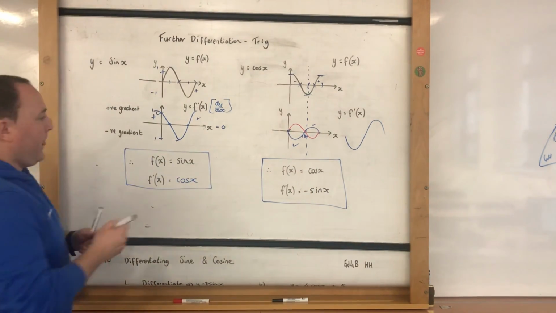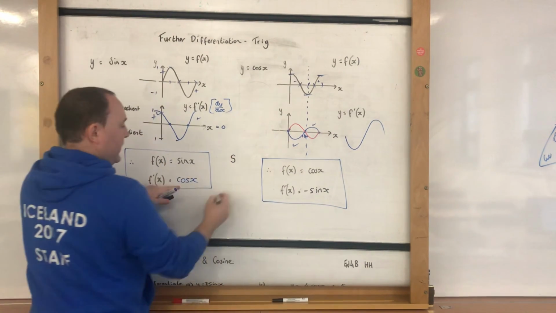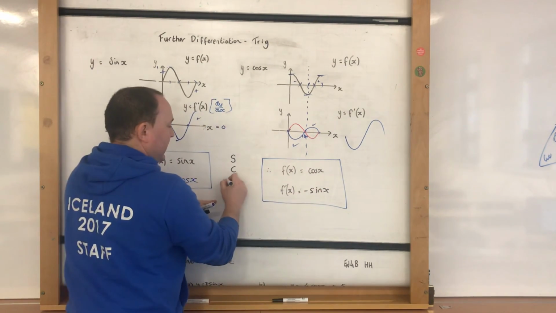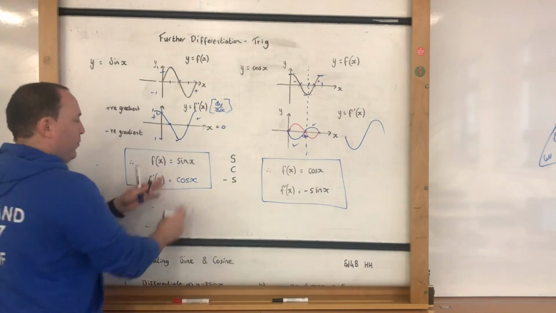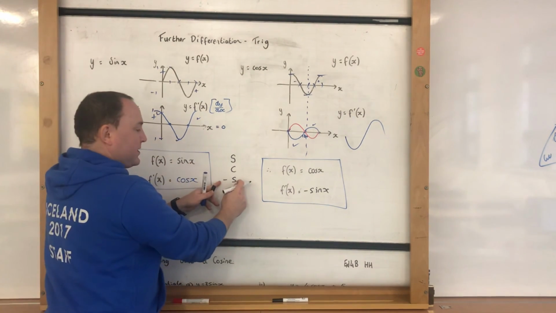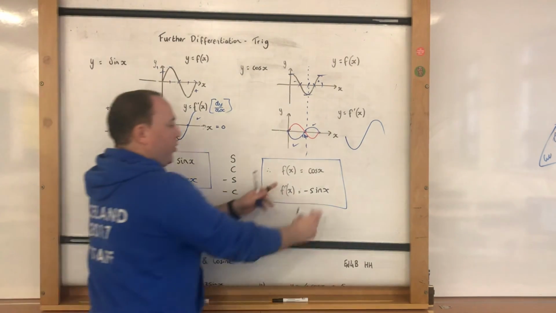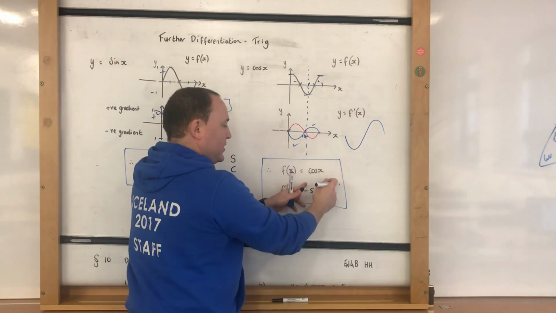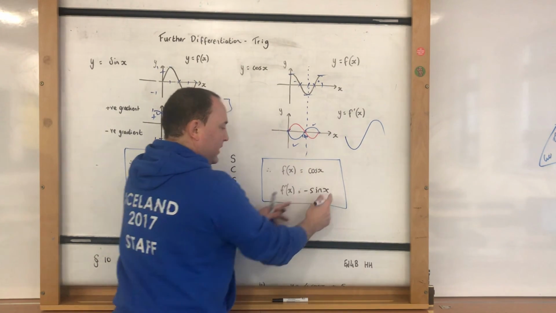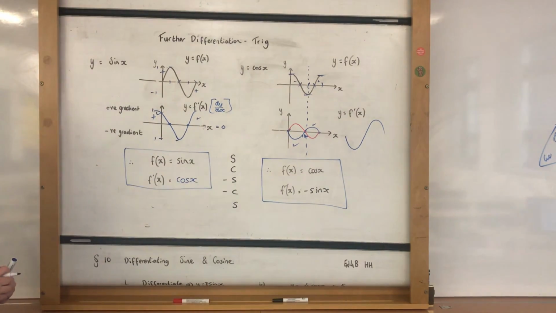A wee trick I like to remember: if sine differentiates to cosine and cosine differentiates to minus sine, then if positive sine differentiates to positive cosine, negative sine must differentiate to negative cosine. And if positive cosine differentiates to negative sine, then negative cosine must differentiate to positive sine. And then that's your full circle there.